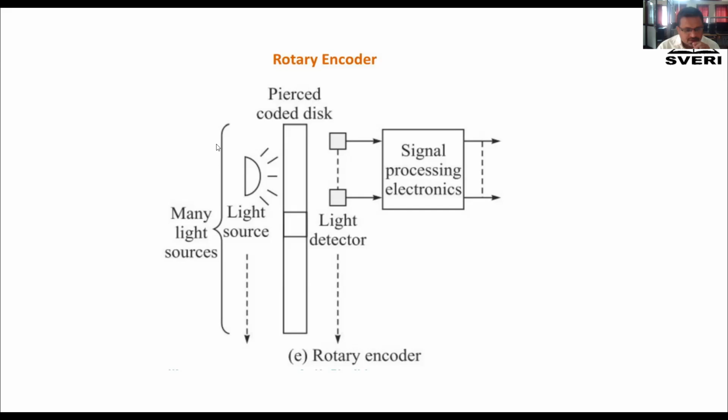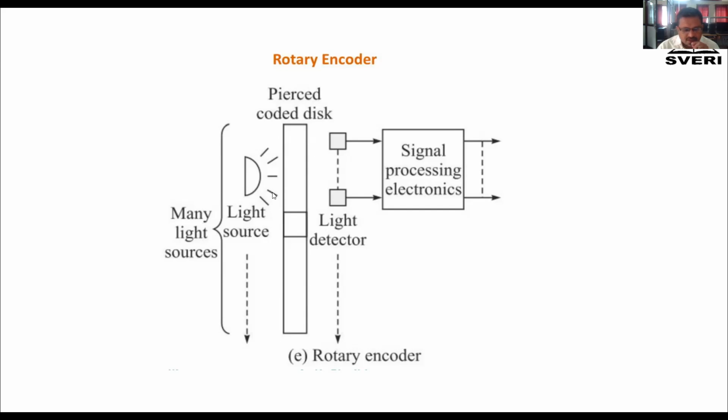See that this is the light source. This disk is there. I will play that video also. This disk is having some slots on it. This is a circular disk. It is mounted on the shaft. This is the hole for the shaft.